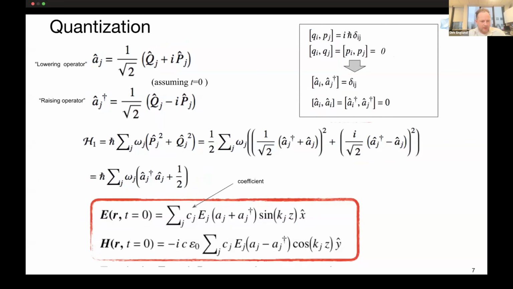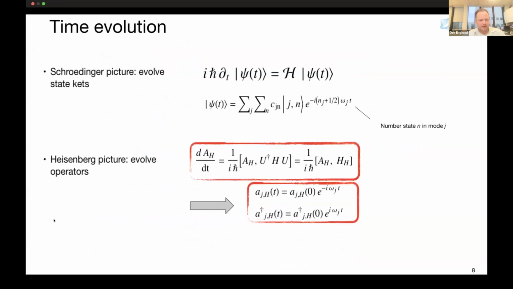Next up, let's talk about how we can time evolve these electromagnetic fields. Here we make use of the Schrödinger equation. Once you have a state, you want to see how it evolves in time. You plug in your Hamiltonian, which we had on the previous page, and that, together with the Schrödinger equation, allows you to find the time evolution of the state.